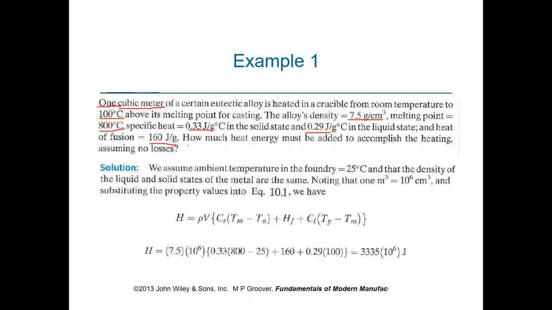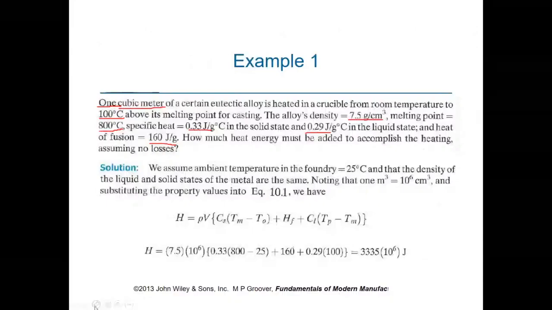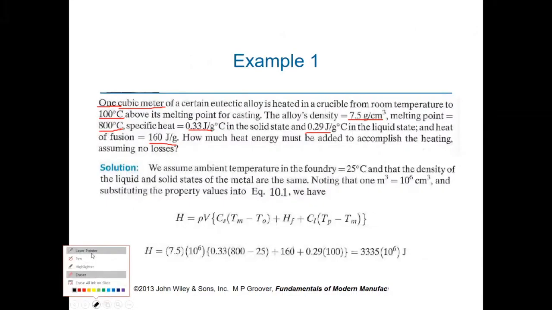Rho is given, and that is the density, 7.5 gram per cubic centimeter, and then V, the volume of the material, which is mentioned as 1 cubic meter.